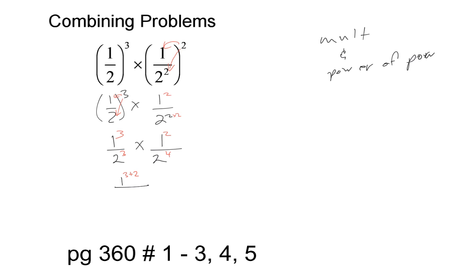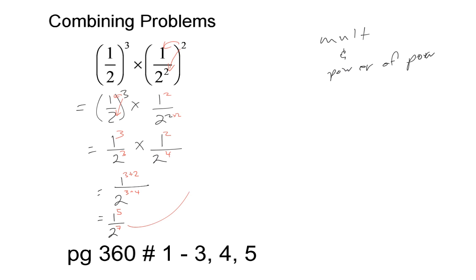Now, divided by 2 to the power of, well, 2 to the 3 times 2 to the 4 is just 2 to the exponent 3 plus 4, which gives us 1 to the power of 5 divided by 2 to the power of, well, you guessed it, 7.